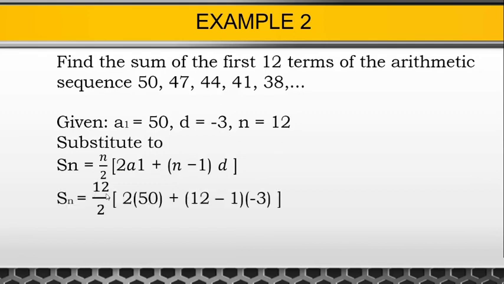So we will now have 12 divided by 2 and copy 2, and a1 is 50, plus n is 12 because there are 12 terms in the problem, minus 1 times the common difference. So it will now lead us into 6 times 100 minus 33. And the final answer is 6 times 67, that is 402.